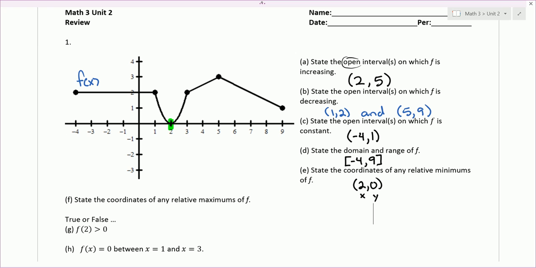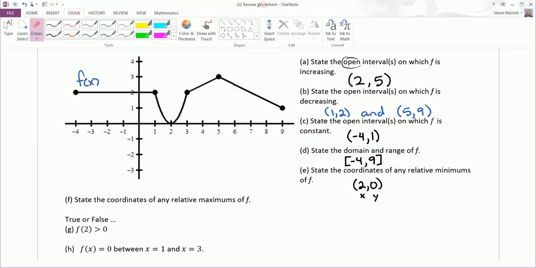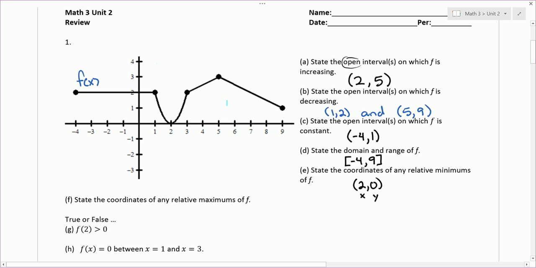For f, we're looking for the coordinate of any relative maximums. A relative maximum is where your graph changes from increasing to decreasing. So as you trace along, we're going constant, then decreasing to increasing, and then increasing to decreasing.